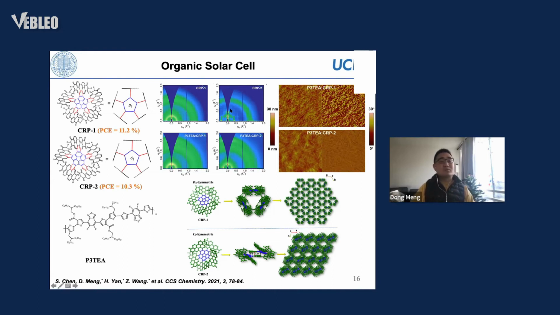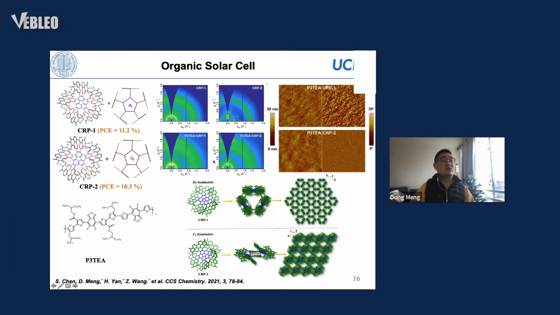From the pure film, we find that CRP2 has the better peptide interactions. Maybe it matches the crystal because it has peptide interactions.